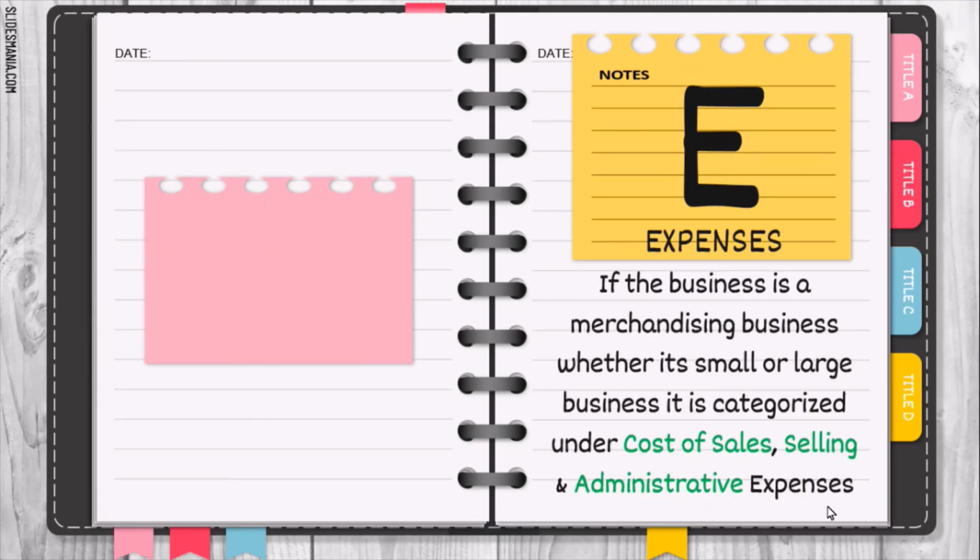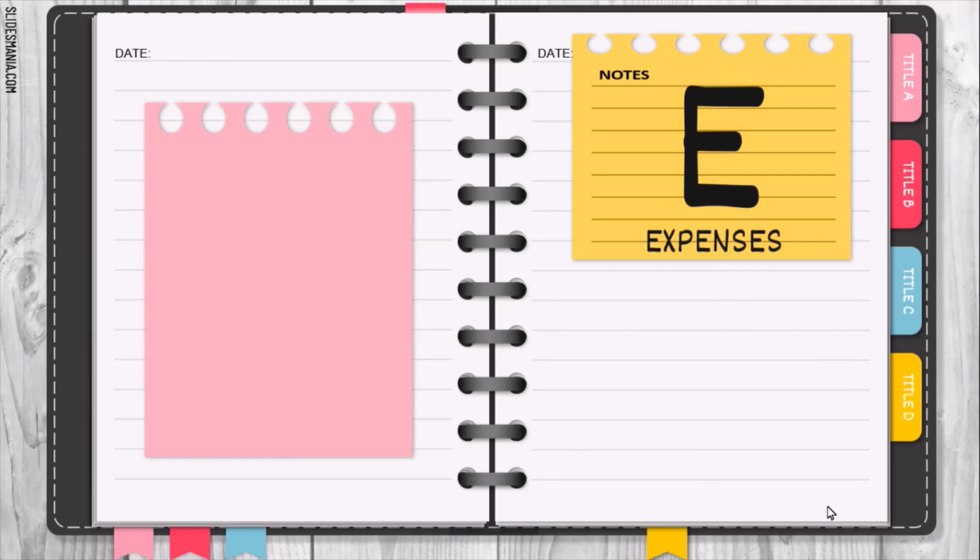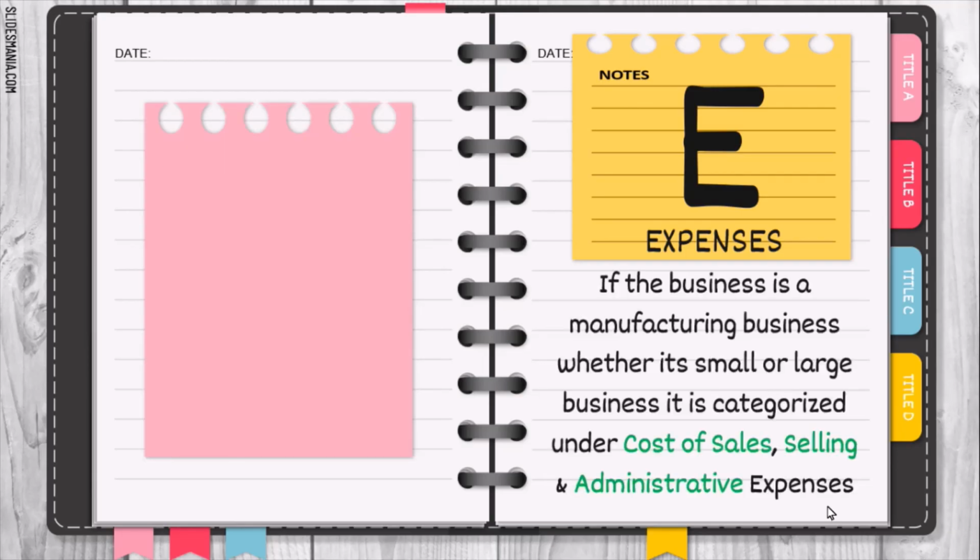If the business is a merchandising business, whether small or large, it is categorized under cost of sales, selling, and administrative expenses. Anyway, they are all part of operating expenses. Next, if the business is a manufacturing business, whether small or large, it is categorized under cost of sales, selling, and administrative expense.